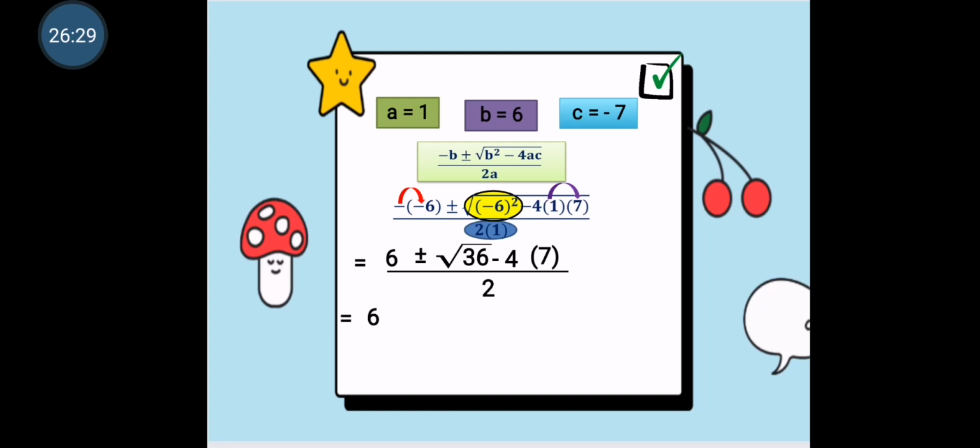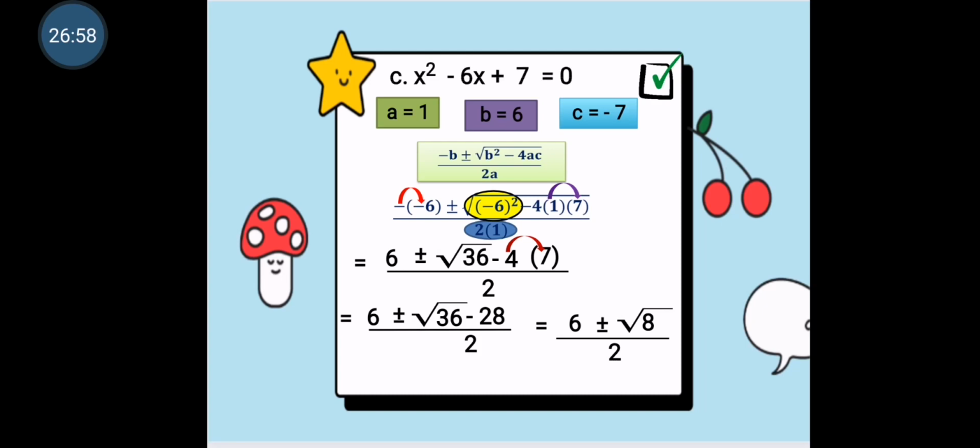Continue tayo. 6 plus minus square root of 36. Negative 4 times 7 is negative 28 over 2. Next, 6 plus minus square root of 36 minus 28. So, 36 minus 28 po is 8 over 2.